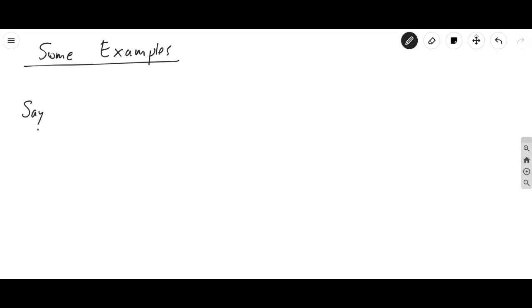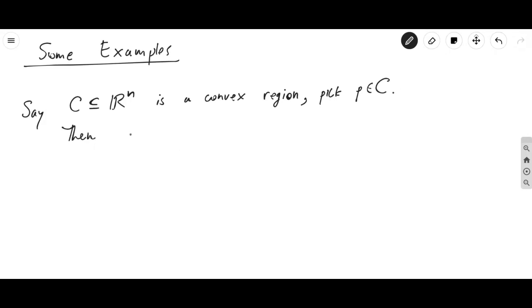Say that C is some region in Rn, a convex region. You pick any point in your convex region. Then the fundamental group of this convex region at this point is the zero group. It's just a trivial group.